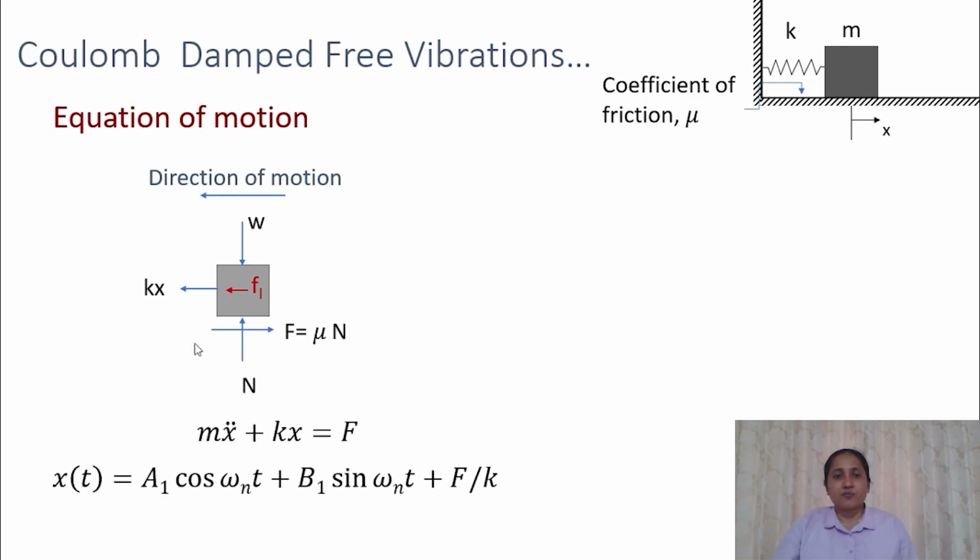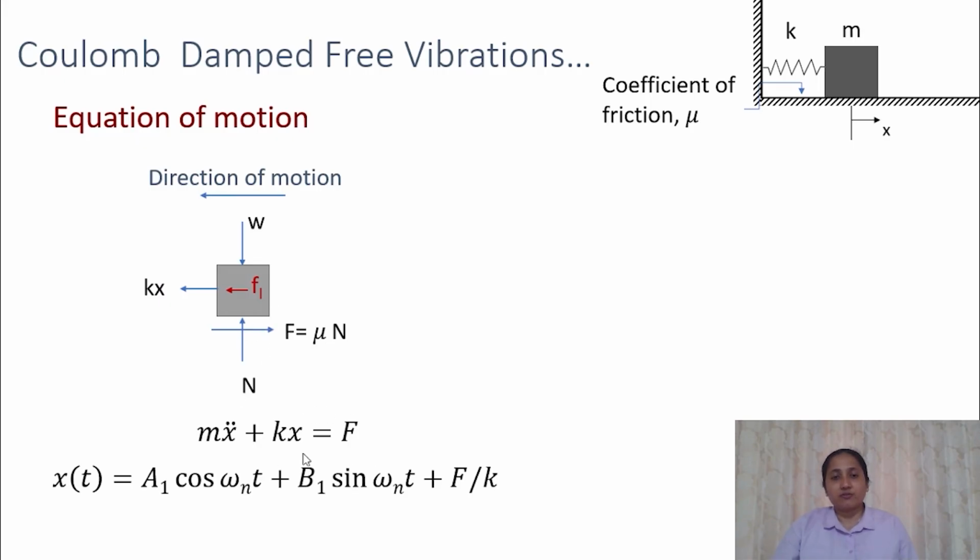Now we can sum up the forces in the x direction. We have the inertia force plus the spring force equal to the frictional force. So m x double dot plus kx is equal to F, where F is the frictional force, which is equal to the coefficient of friction multiplied by the normal reaction.